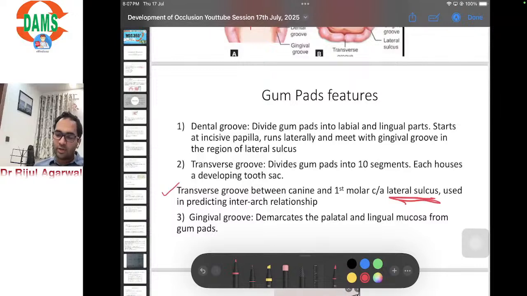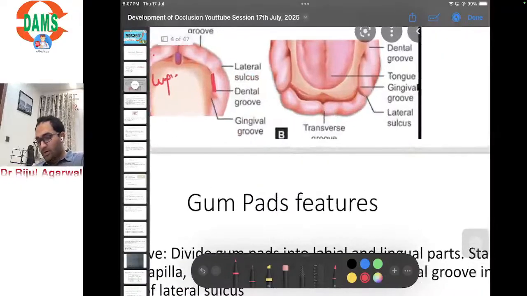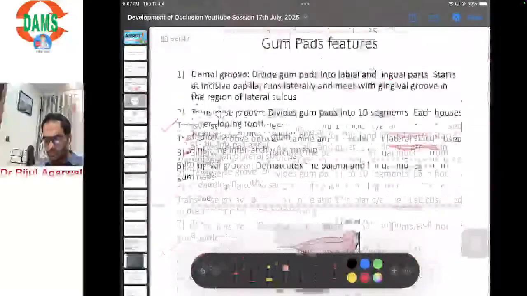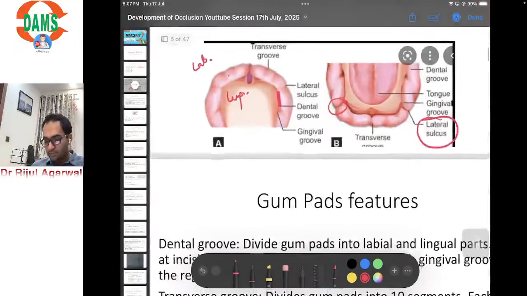Its orthodontic significance is that it is useful for predicting the inter-arch relationship. Lateral sulcus is the special name for the transverse groove between the canine and the first primary molar. And lastly is the gingival groove, which demarcates the palatal and lingual mucosa from the gum pads.